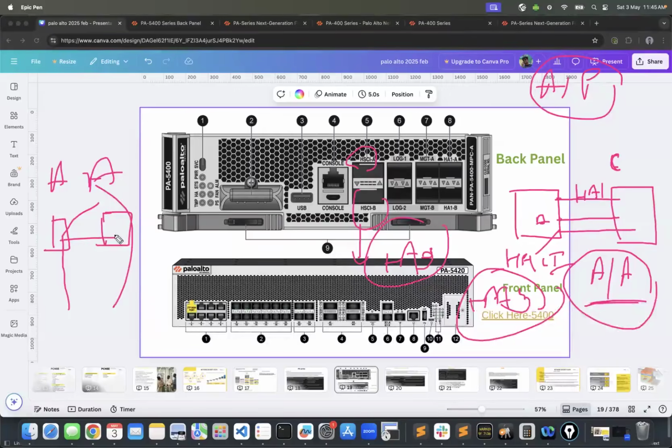That means for the synchronization between these two firewalls for the data port and data connectivity, we use the HSCI port. This is what I can explain at this level. We are not going into detail.